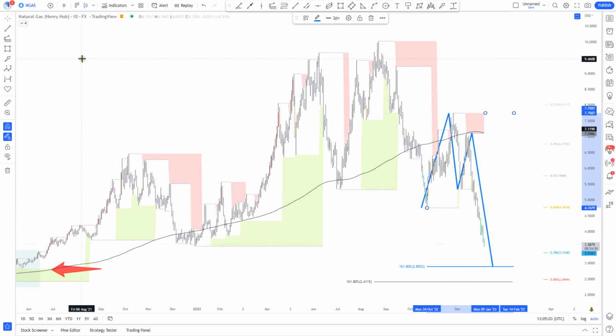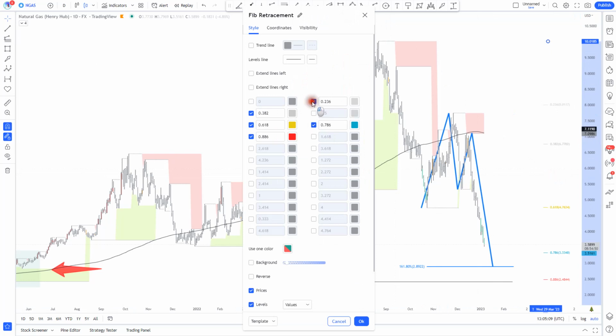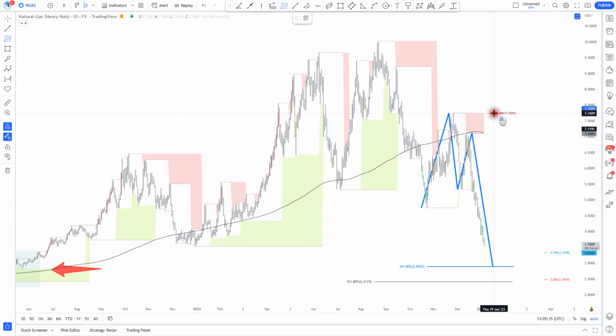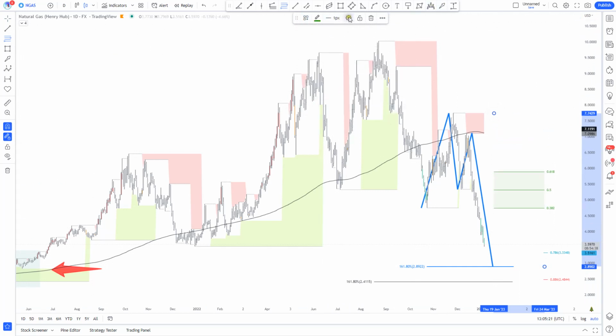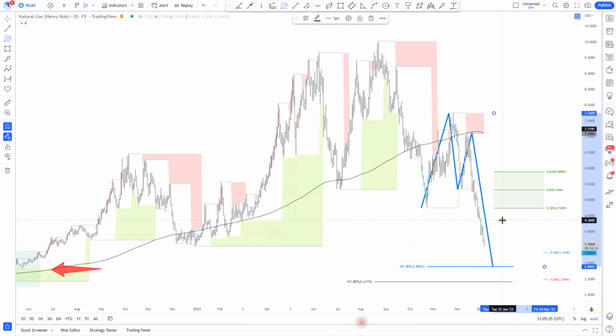2.89 or 2.90. Let me also delete just a couple of things here. We have default targets for that pattern as usual, and those are projected above 4.74.